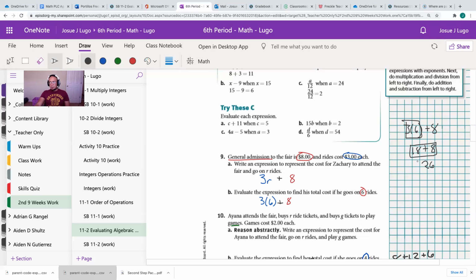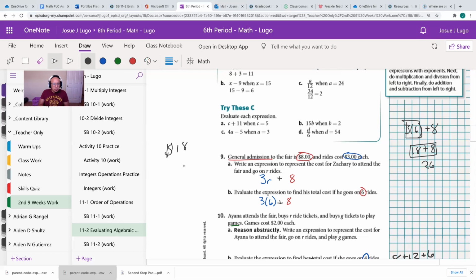So think of it this way. If you were going to go to the fair with a whole bunch of your friends, and you guys all said to each other, hey guys, make sure you bring enough money. We're going to go on 6 rides. And you were like, oh, well, if each ride is $3, then I just have to bring, so 3 times 6, that's going to be 18. So all I need is $18, right? You're going to show up and your friends are going to be like, why did you only bring $18?